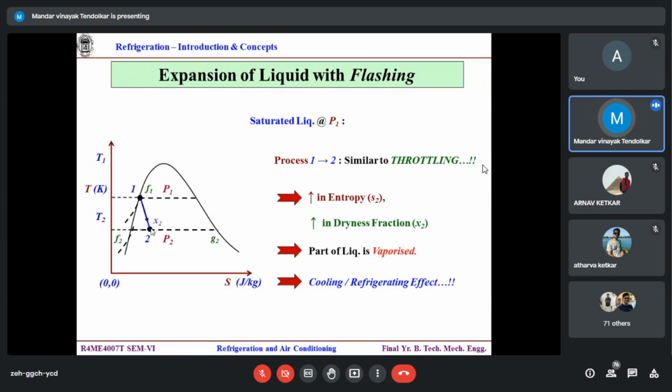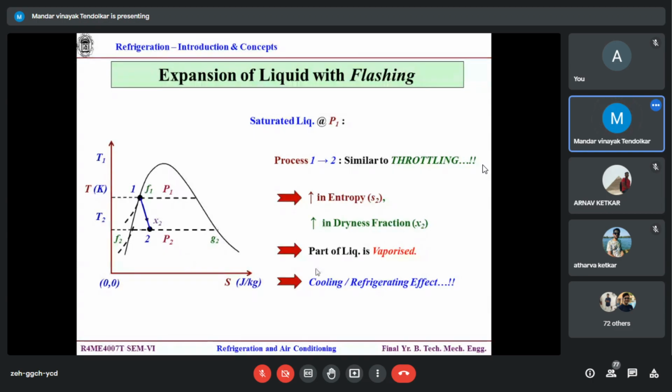Now, who will be responsible for converting the liquid to vapor? You know that to convert liquid to vapor, you have to add heat. Only then will the liquid become vapor. So who will be responsible? From where will it take that heat? From the evaporator section, the refrigerated space.